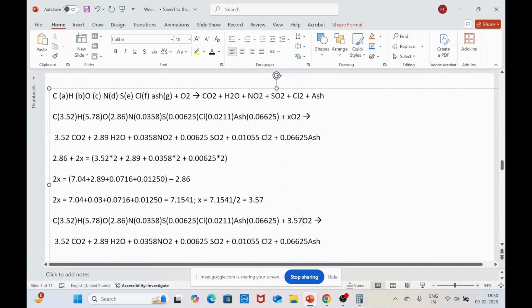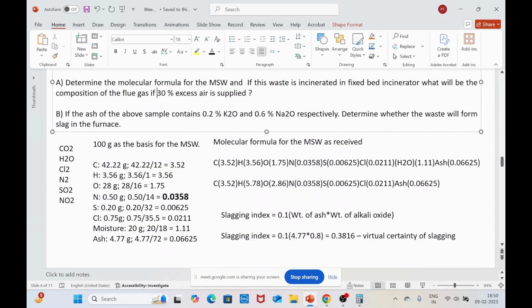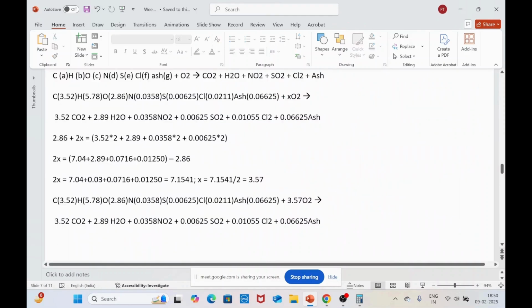Now if you go to the question, we are told that a 30 percentage excess of air is going to be supplied. So we have some stoichiometric oxygen, which needs to be supplied based on this equation. But with this you are going to add an extra 30 percentage to it.